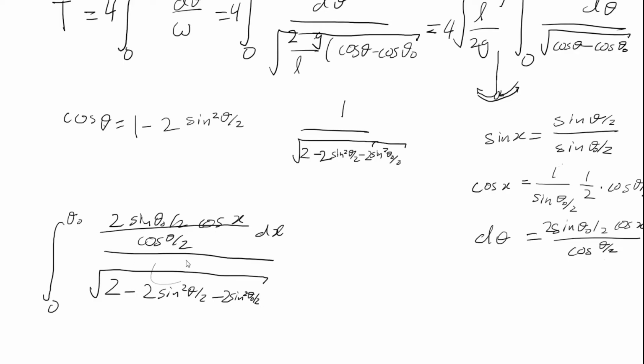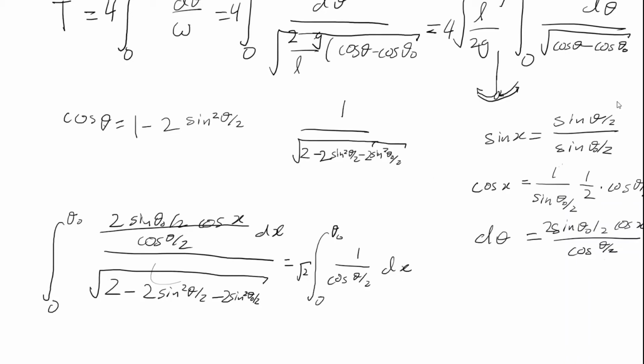And it's just a bit of manipulation here, and basically you'll arrive at the fact that this is going to be equal to root 2 times the integral from 0 to theta naught of 1 over cosine theta over 2 dx. And if you solve for this using this, we're going to have cosine theta over 2 is going to be the square root of 1 minus the square of the product of these two.